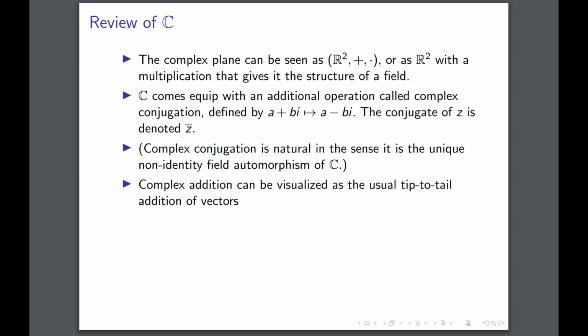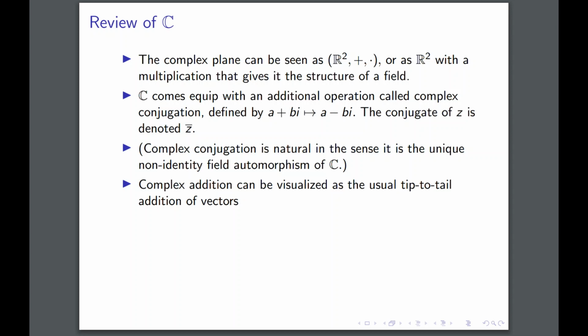And it's important because it's the one non-trivial field automorphism of C. Notably, non-trivial field automorphisms don't exist for R and Q.